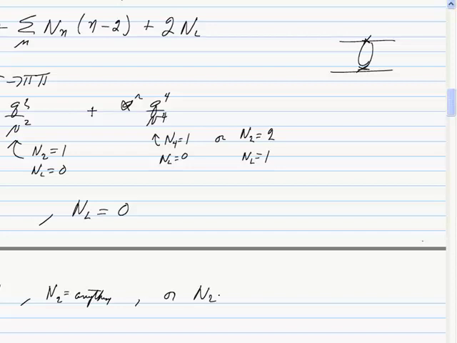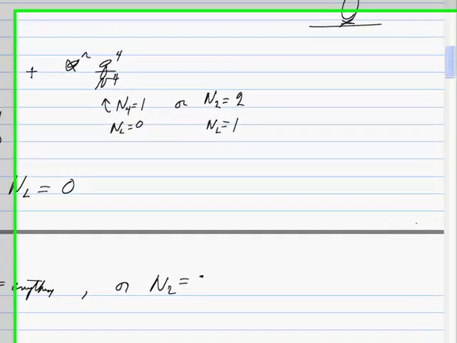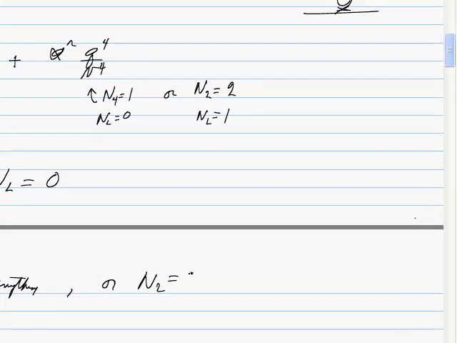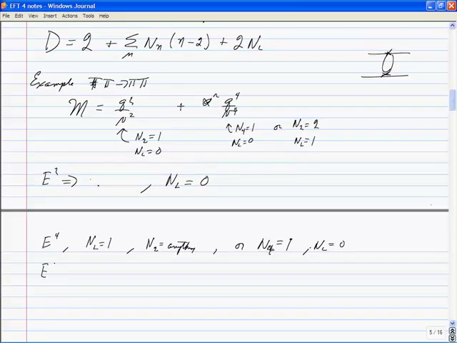Or n2 is equal to 1, or n4 is equal to 1, and loop equals 0. E to the 6th, then you can do 2 loops.